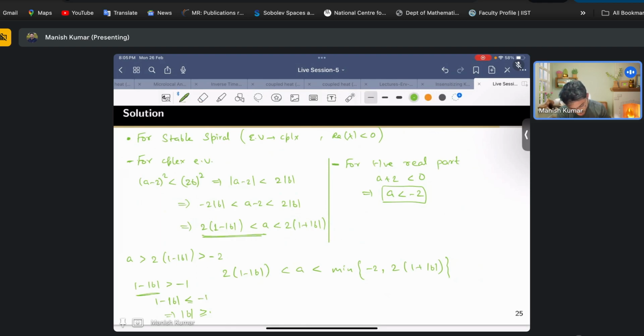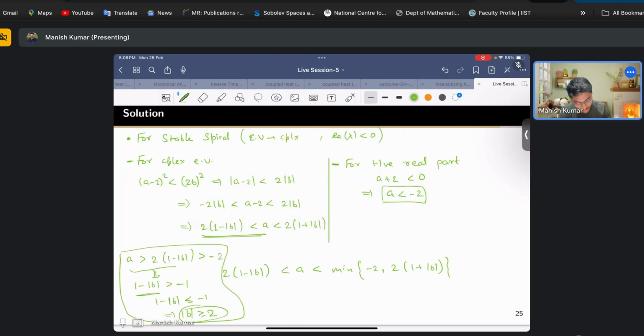So here we get 2 mod b, this one, right? So here we got one more condition. So from here we got this condition, right? That mod b should be greater than or equal to 2.